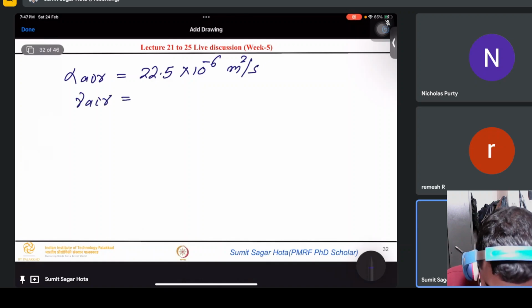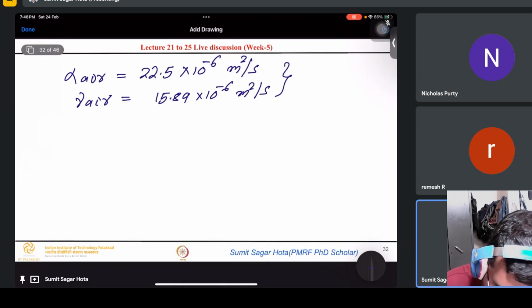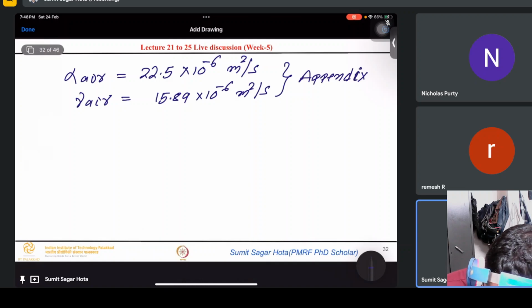Nu of air, the kinematic viscosity of air, is 15.89 into 10 to the power minus 6 meters square per second, from the appendix.